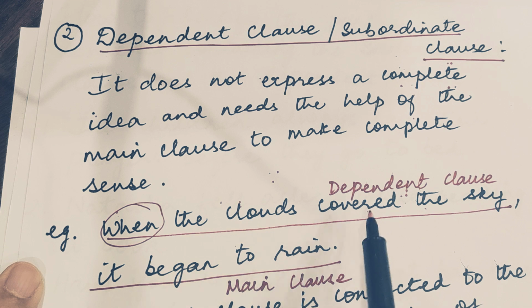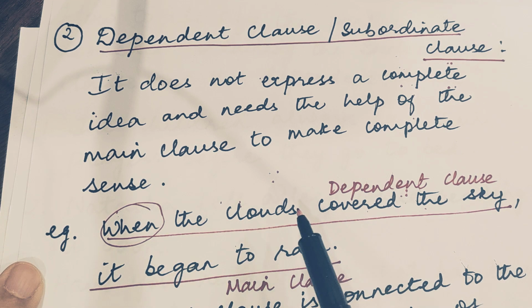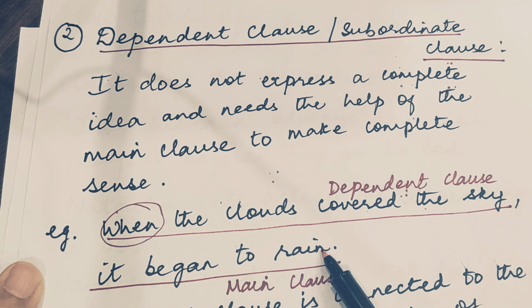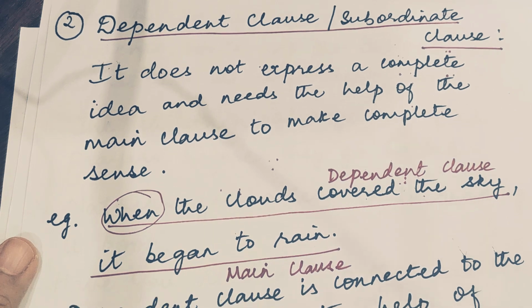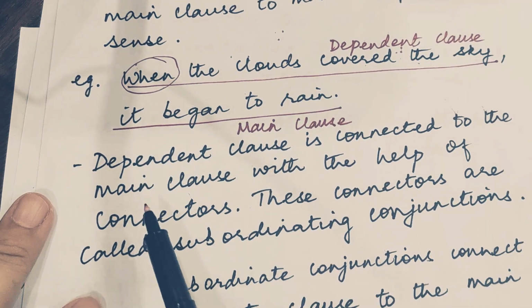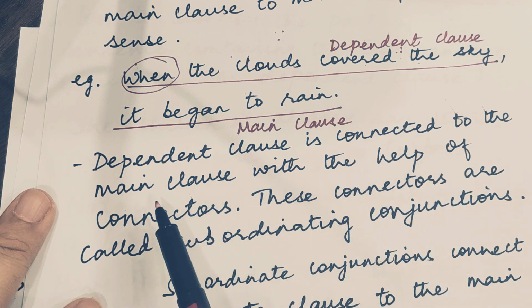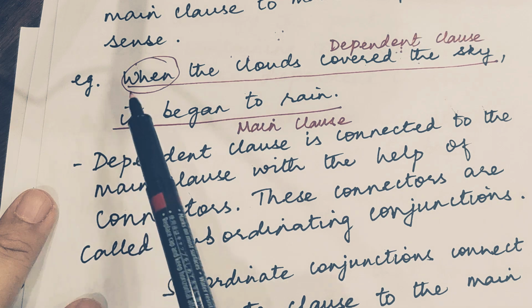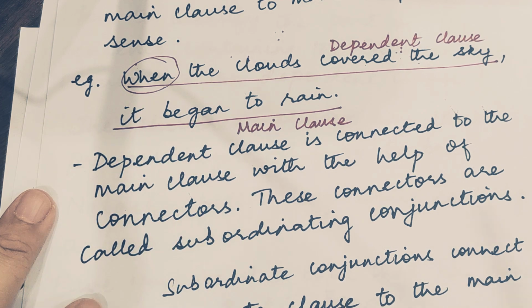So over here, what is the word due to which the dependent clause is being connected to the main clause? The word over here is when. So the dependent clause is connected to the main clause with the help of connectors. Over here the connector is when.